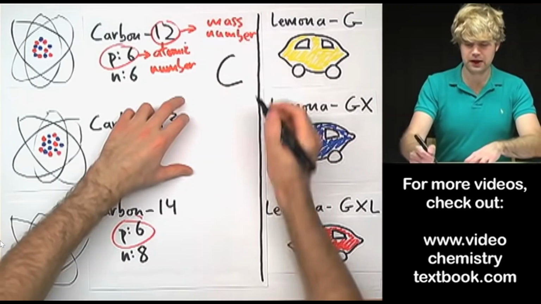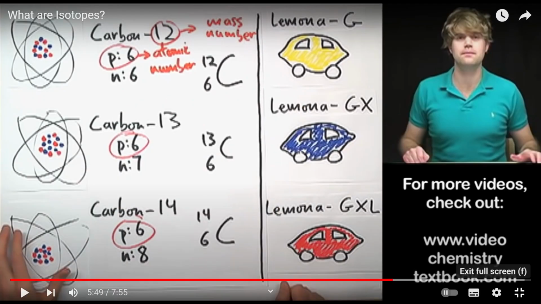You are expected to know how to write both the name with the dash and the, what's that number called? Mass number. What's the mass number equal to? Protons plus neutrons. You are also expected to be able to write the symbol, which is also known as isotope notation, where instead of writing the whole word carbon, you write the symbol.